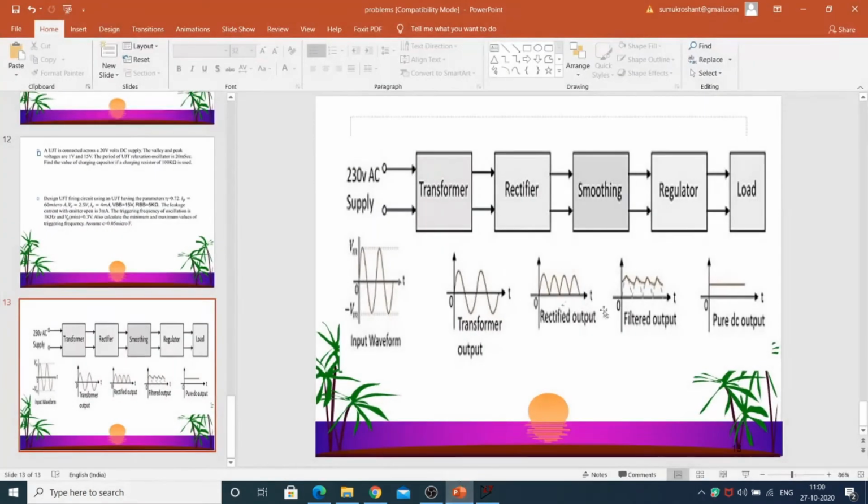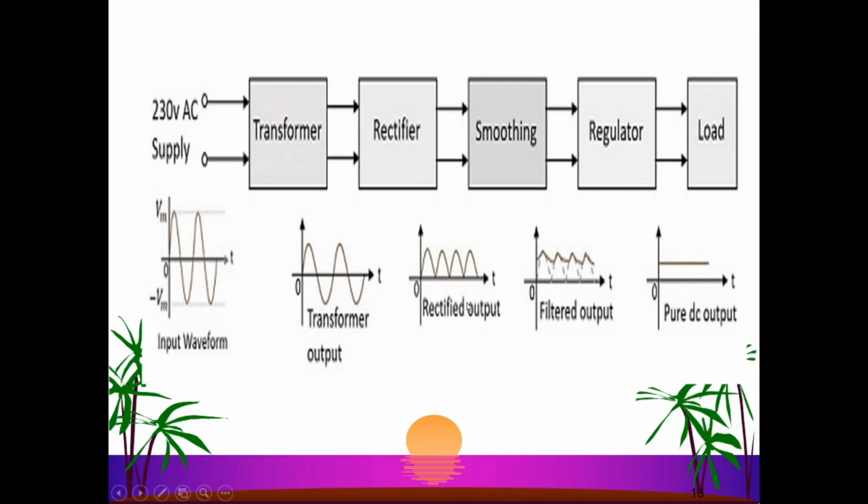In the block diagram, I clearly explained that the input AC supply is connected to the transformer. In our experiment, we use a step-down transformer. In the transformer, you have two types of winding. One is primary and the second one is secondary.